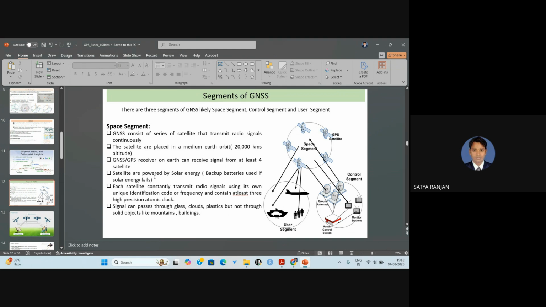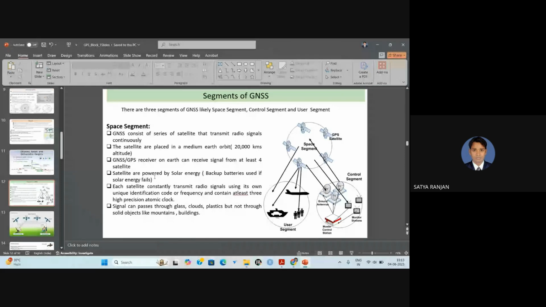Then they contain at least three high precision atomic clocks. Atomic clocks are there in the GPS system for accuracy of time measurement, because the satellites are moving at a very fast rate, so general clocks cannot really give precise locations and information. These atomic clocks have an accuracy of 1 nanosecond.